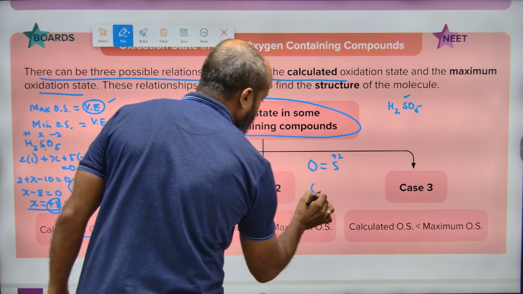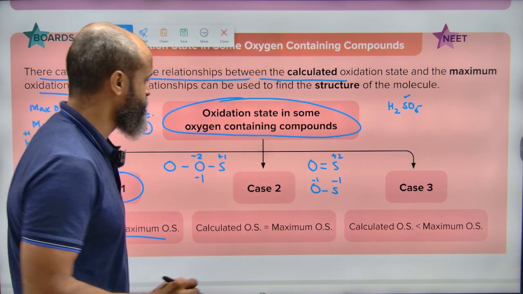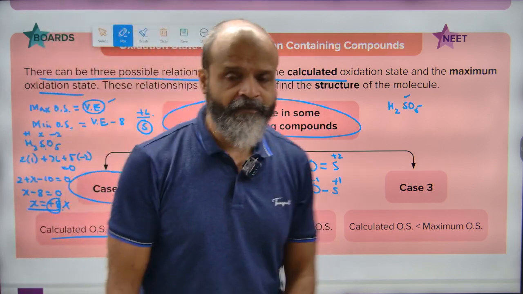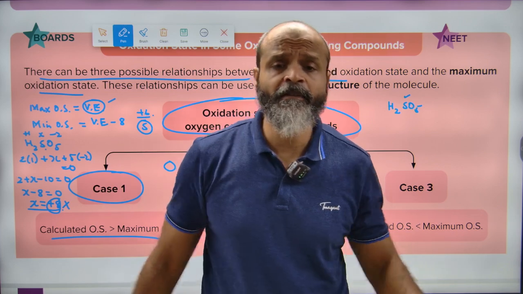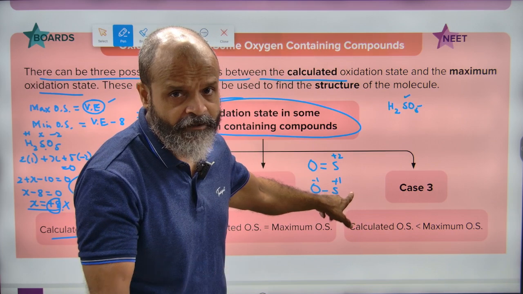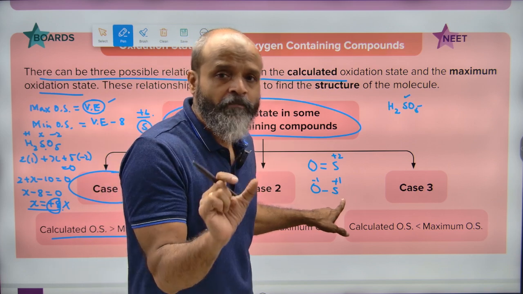However, if one oxygen is there, then it gets an oxidation state of plus 1. So for every covalent bond with an electropositive element, now comparatively sulfur is electropositive, we get plus 1, and for every covalent bond with an electronegative element, we get a minus 1.